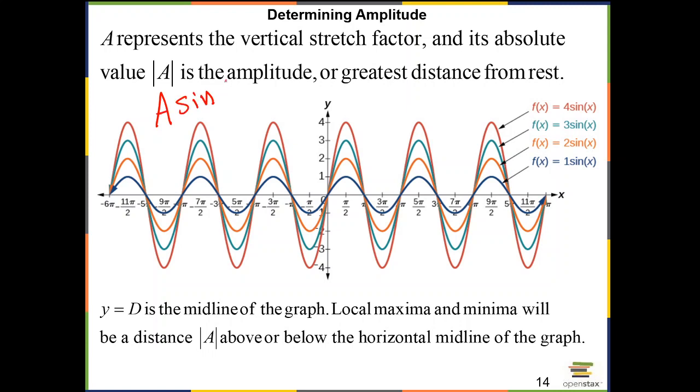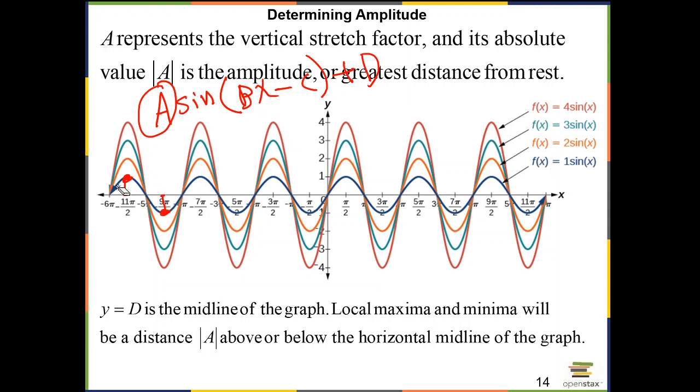Remember, we have a sine bx plus, well, we use minus c plus d. So what does that do? Well, that's called the amplitude. Amplitude is the distance from the midline to the max and from the midline to the min.